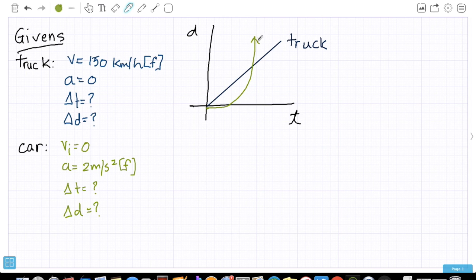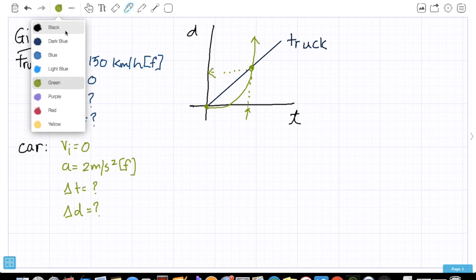So it's a parabola, half of a parabola. And so there's two intersections. There's this one, and then there's this one. We're interested in this intersection right there. So part of the problem is what is the time of the intersection? That's going to be down here. And the other part is what is the distance? And that's going to be right there.